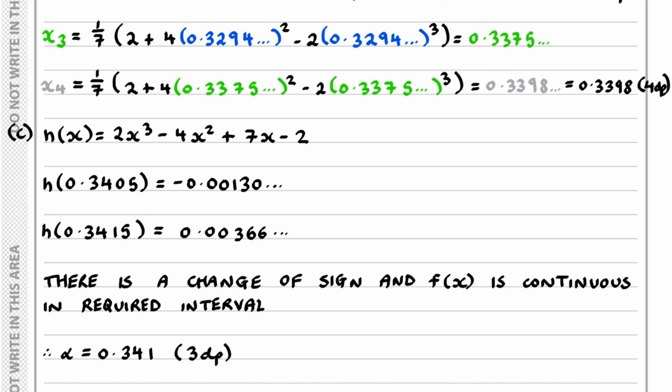And of course, what we mean by the required interval is alpha will be in between 0.3405 and 0.3415. So alpha is equal to 0.341 given to 3 decimal places.